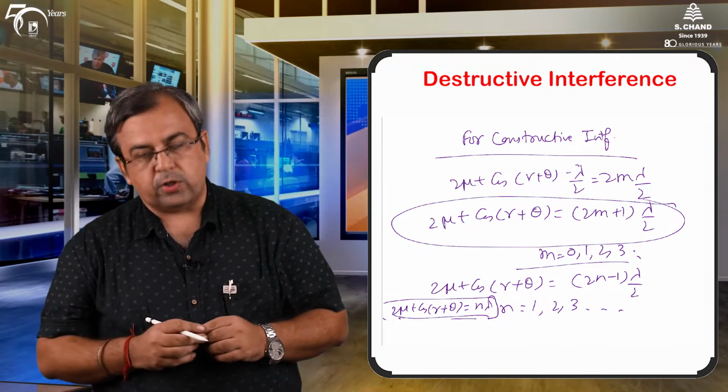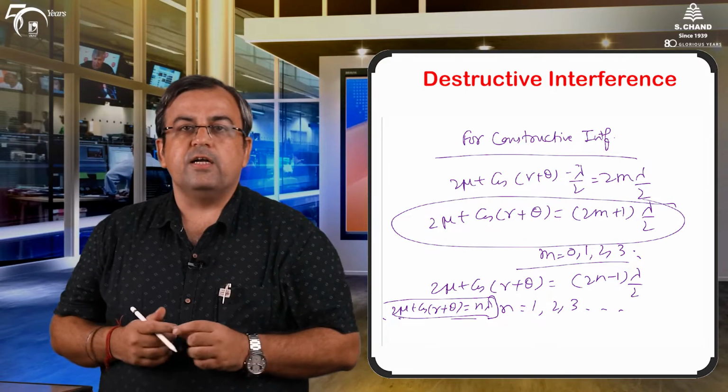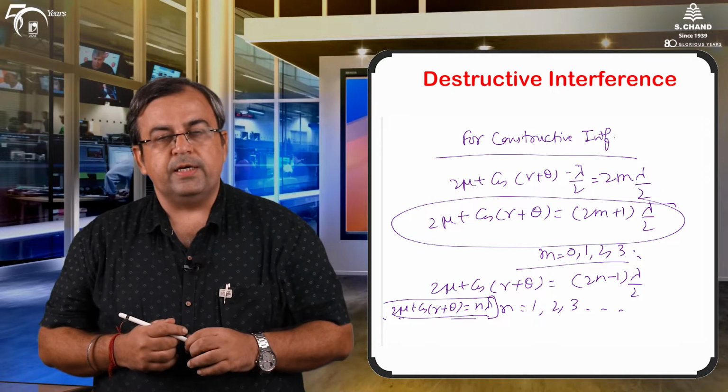So 2 mu t cos r is equal to n lambda, and n is equal to 0, 1, 2 and 3. These are the two conditions required for observing the destructive and constructive interferences when we are considering a wedge-shaped film. Up to now, we have a better understanding of the interference observed in the thin films.